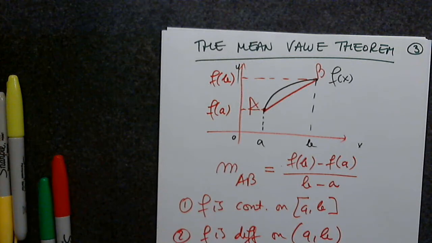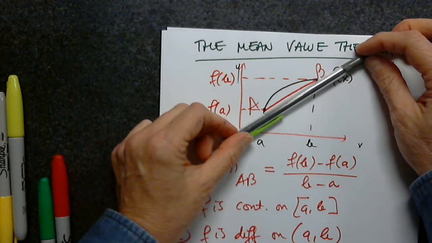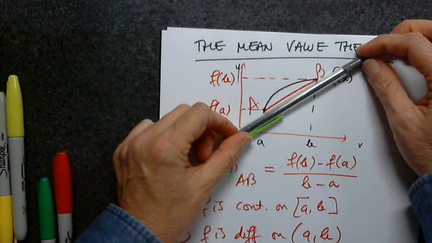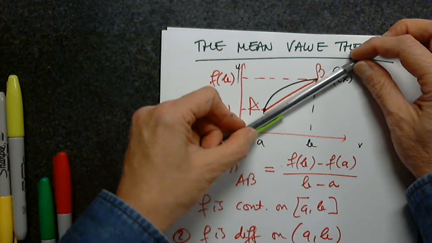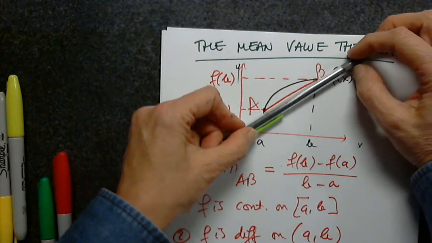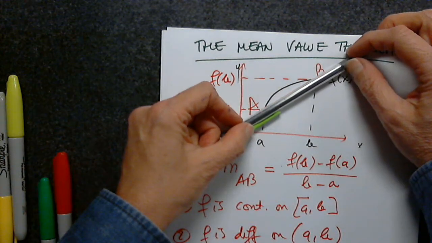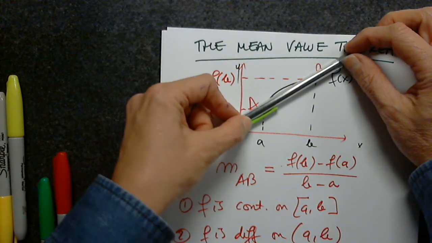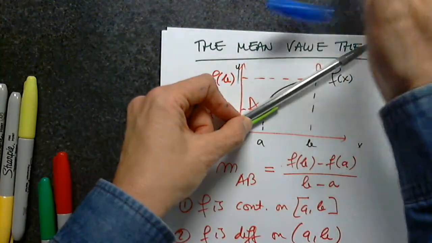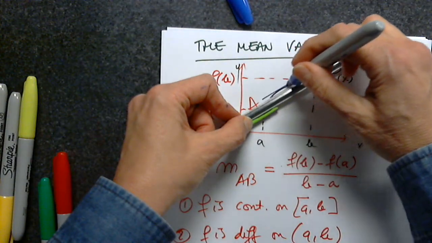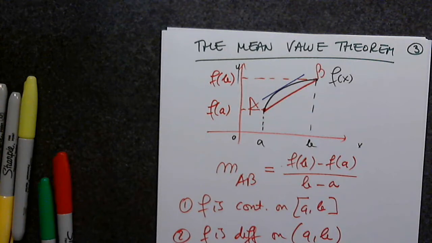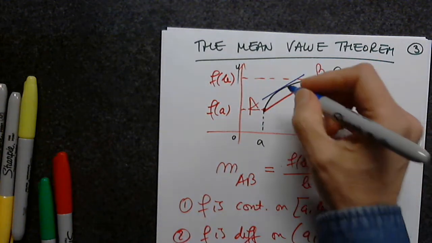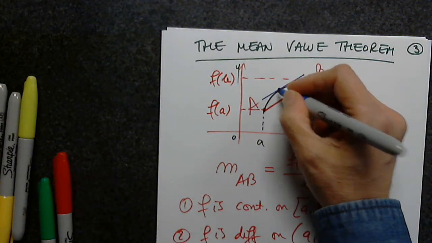And here's what I'm going to do next. Ready? So I'm going to draw a parallel to this line at that point and draw the tangent. Doesn't matter how you want to call this.